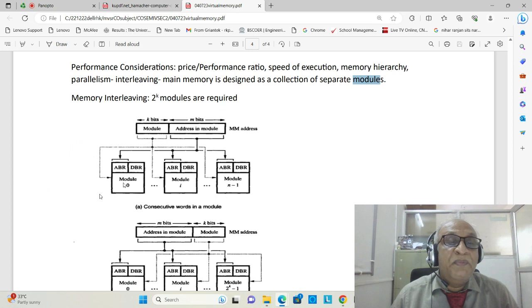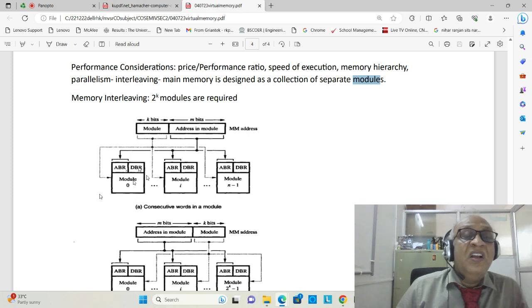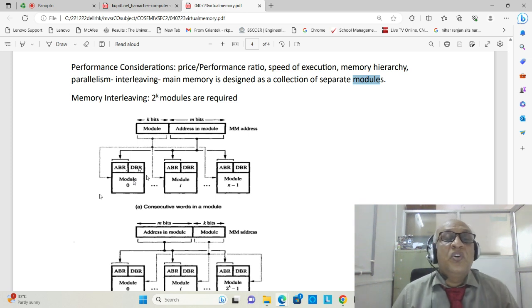Have we divided our main memory into modules? Yes. Here the main memory is divided into module 0, module i, module n minus 1, and each module has a separate ABR and DBR, the address buffer register and the data buffer register, which are analogous to your memory address register and memory data register.